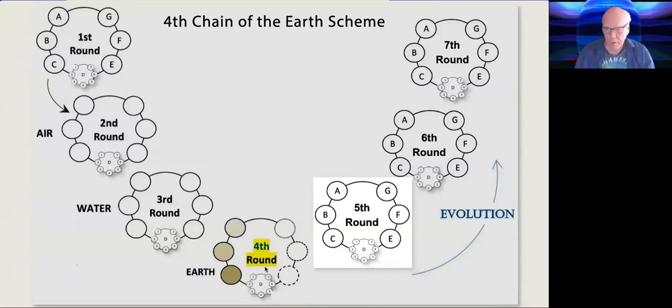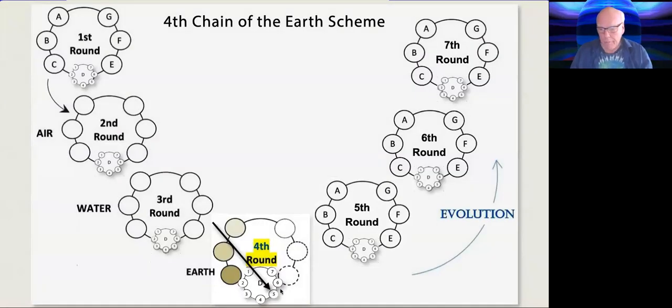Let me go back so I can get on this. Yeah, it's really on this globe, which is what these 7 root races of this globe. It's only on this globe that's truly dense physical.